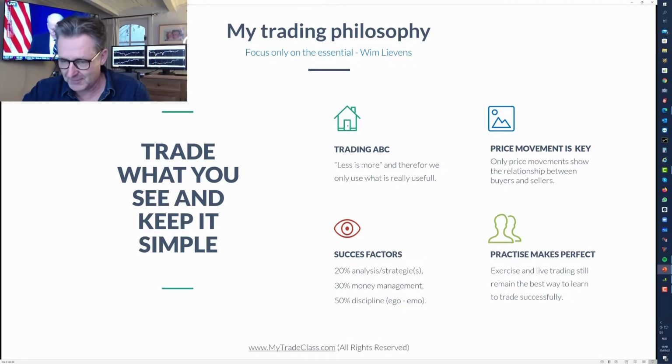So you should have strategies and analysis which are easy, comprehensible, practical to do. And for that, you should know the trading ABC. This is basic stuff based on price movement, how the big boys, the big companies, the big traders, not people like you and me who trade with 5 or 10 contracts, but the big companies who move markets, how they look at markets, how they look at charts. That is what you need to understand.